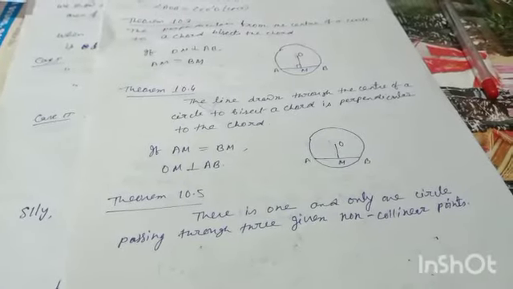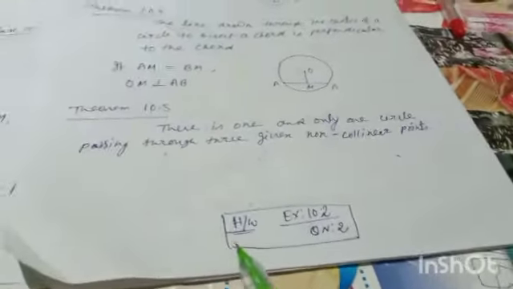Understood? Through three given non-collinear points, you can draw only one circle.